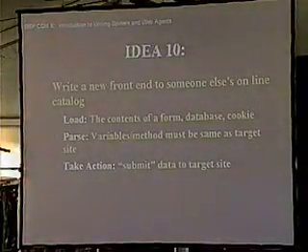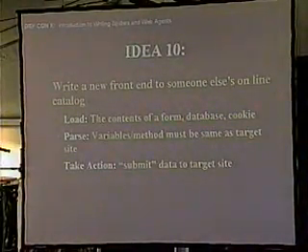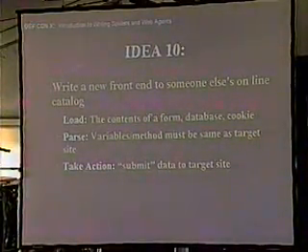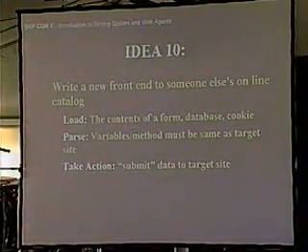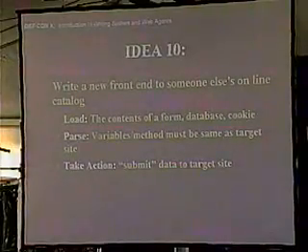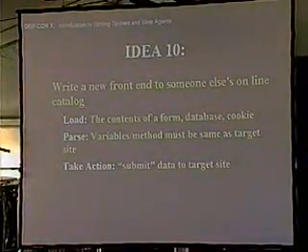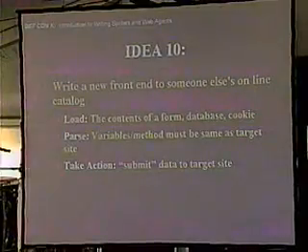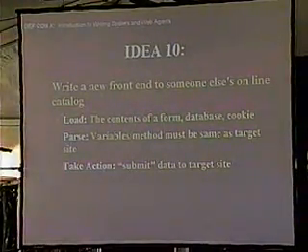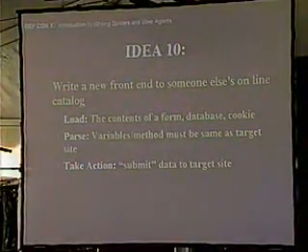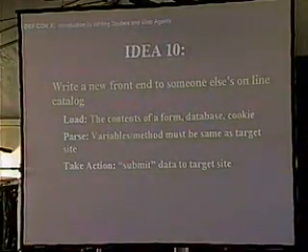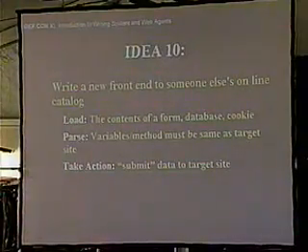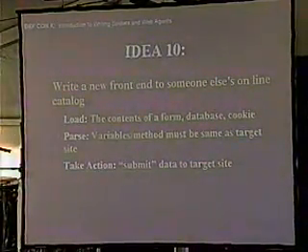This idea I love. Write a new front end to somebody else's online catalog. The idea is not as strange as it sounds. For example, if you have a client that receives a royalty on things sold on another website, people might want to make the whole thing look like it's theirs, right? And if they have a relationship with this other company, they have every right to do that.